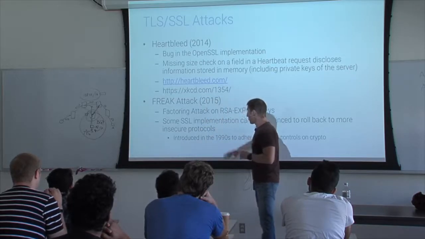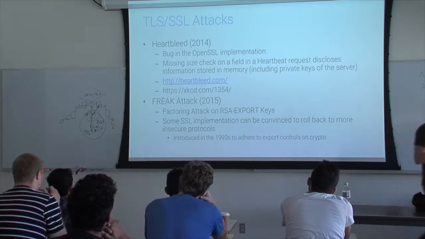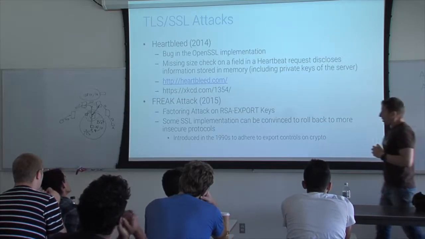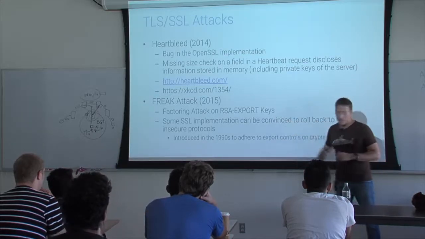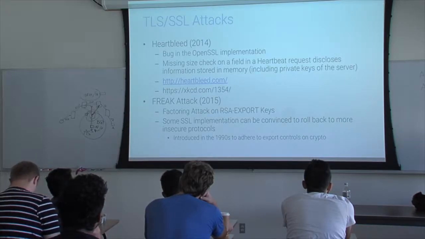Also, there is another attack, the Freak attack, that was less advertised, but it was another attack against some implementations that could be convinced to go back to an insecure algorithm.